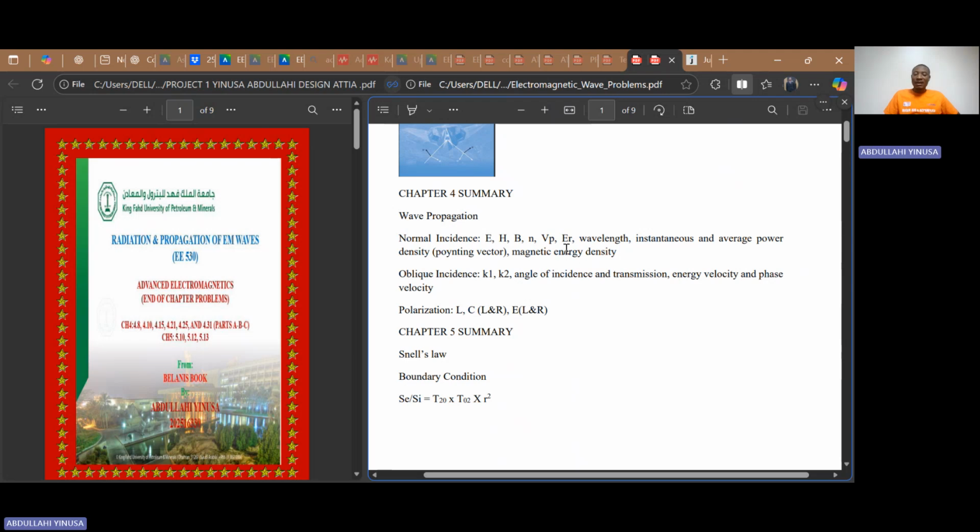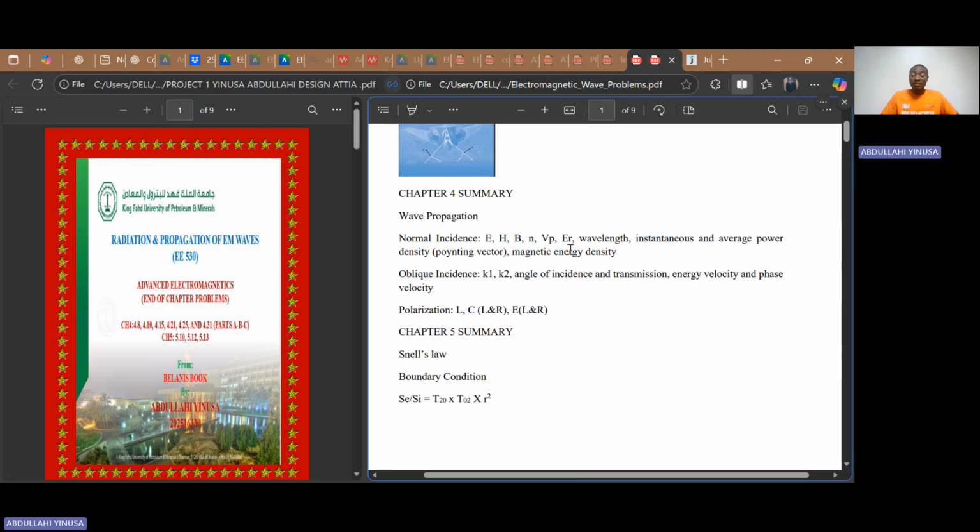Epsilon r, the relative permittivity, is a constitutive parameter of the material. It depends on the material under consideration. We already know that the absolute permittivity is epsilon naught times epsilon r, that is, the permittivity of free space multiplied by epsilon r.